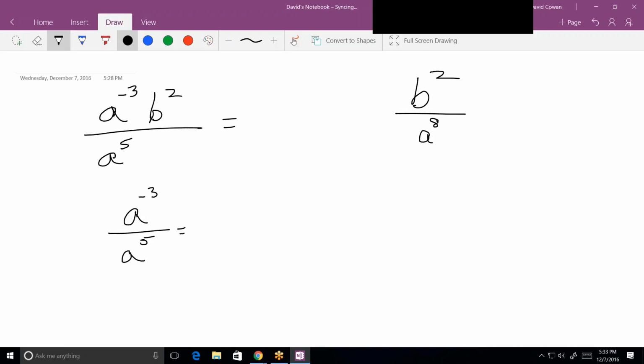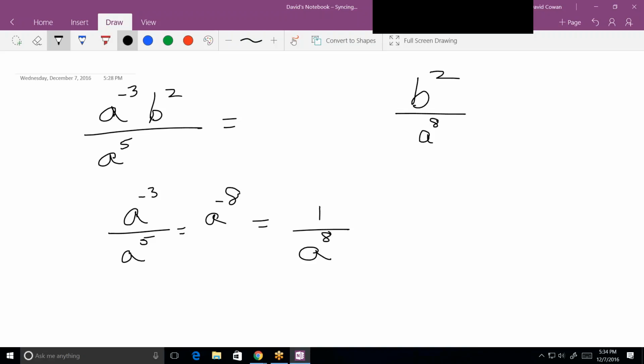Subtract exponents, because I do have division going on here now. So that's a to the minus eighth, right? When I'm doing division, I subtract the exponents. And that's the same as 1 over a to the positive eighth.